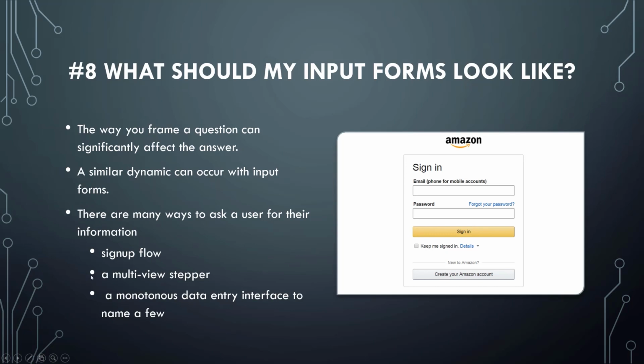And then this is another good point here, a multi-view stepper. If you have ever purchased something online, you might have noticed that some sites will group different categories of information together. So you could have, here's all your information about your billing, here's all your information about your address and where it's going to get shipped to.